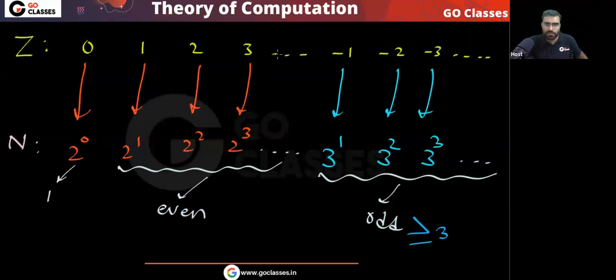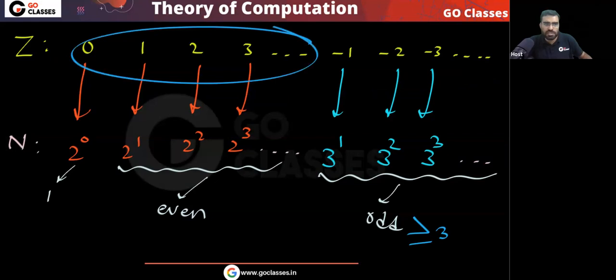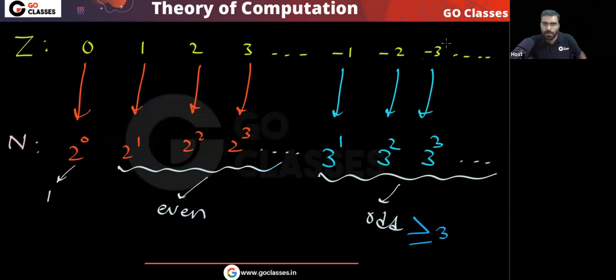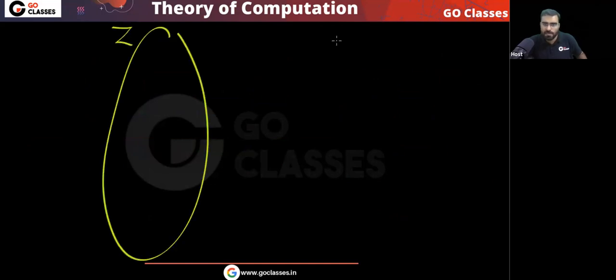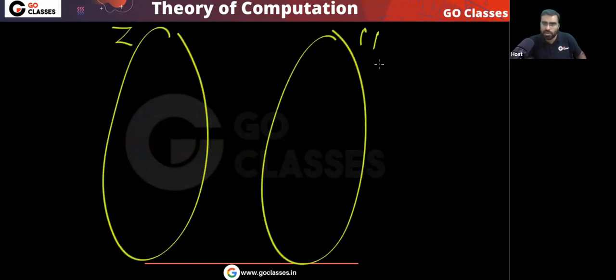So what am I doing? Very simple. All these numbers I'm mapping to powers of 2, and all these numbers I'm mapping to powers of 3. So finally I get this mapping from the integers to the set of natural numbers. We have 0, 1, 2, 3, 4 and so on, then -1, -2, -3 and so on.